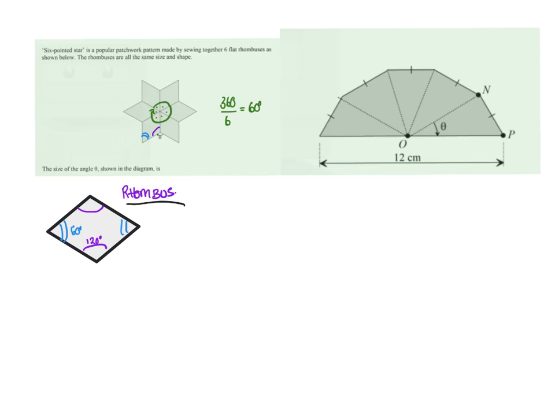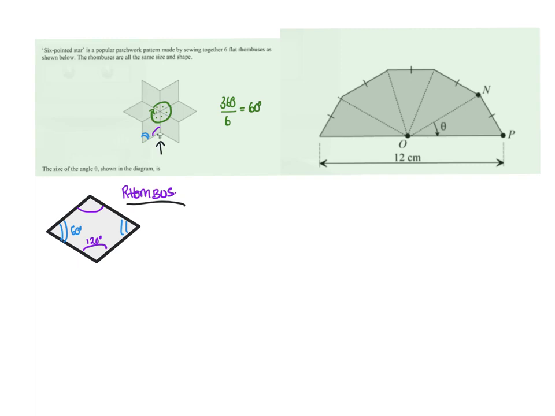Okay, so they still add up to 360, but it's not quite a square because sometimes the opposite angles are equal, not all 4 are the same. So it's shown here, and they want us to find this angle out here.